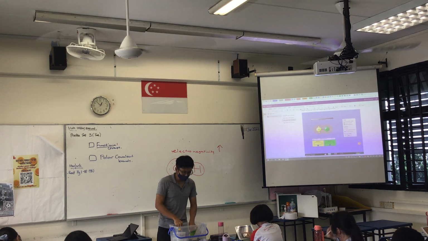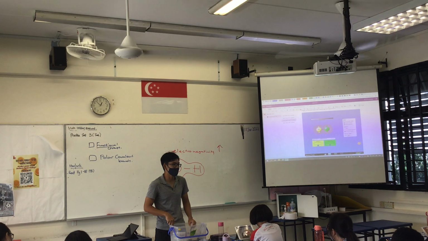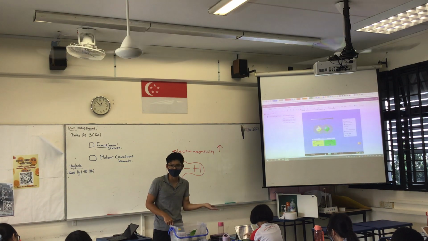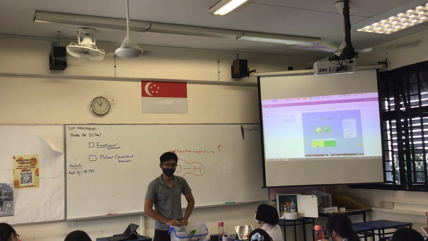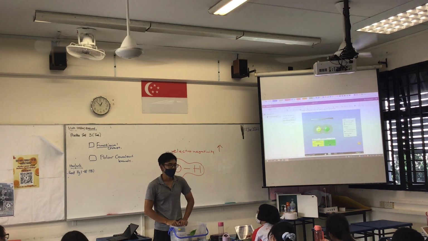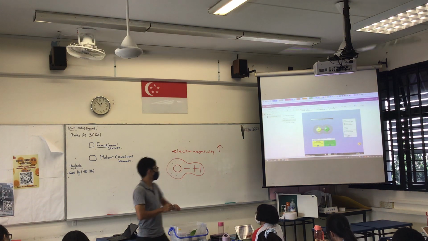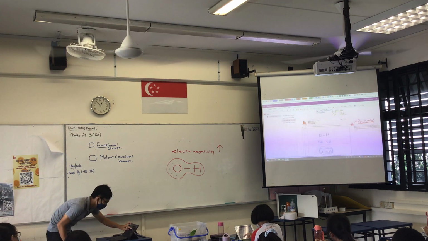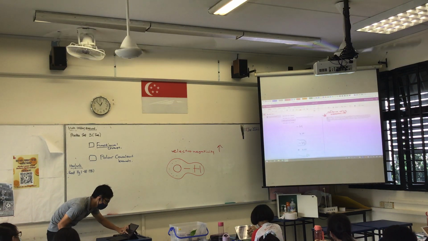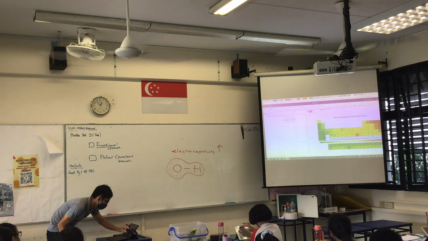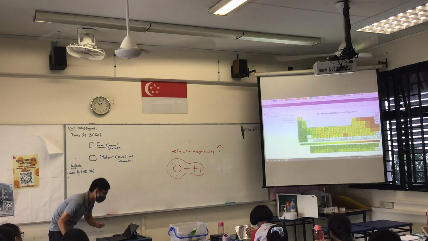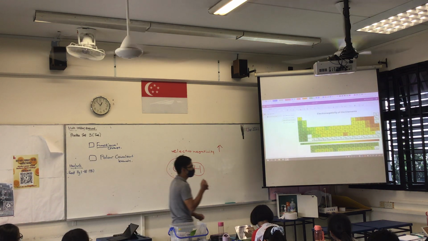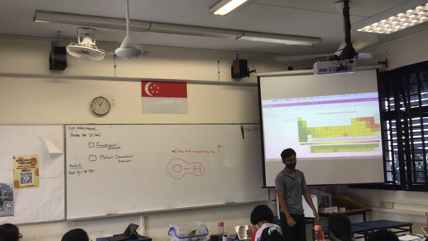Next, how do you know whether something is more electronegative than another atom? If you want to, you can Google. Let me show you. If you do a quick Google, you Google electronegativity periodic table. You will find a periodic table with a numerical value for the electronegativities.